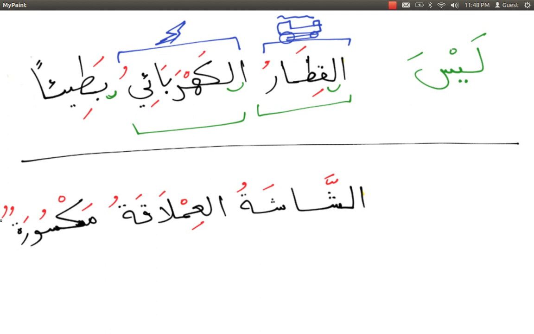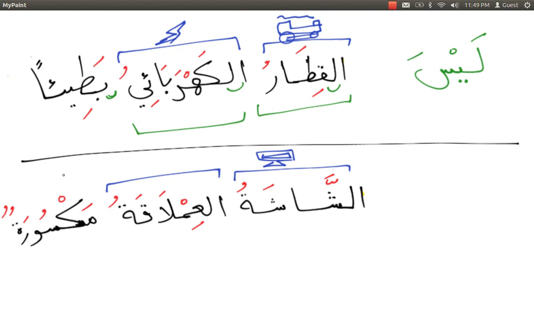Okay, word by word to translate this sentence. الشاشة, the screen. Okay, العملاقة, this is an adjective for شاشة, which is a screen, and it means huge, giant. So الشاشة العملاقة, the huge screen.